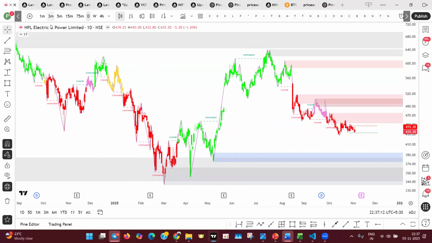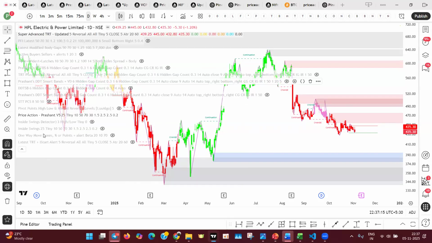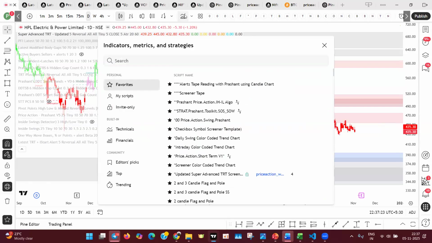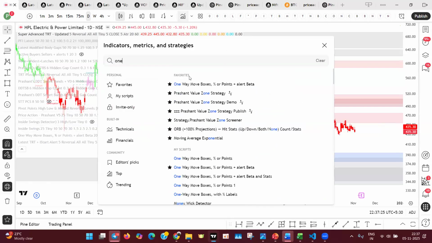Suppose I want to add the screener of one-way move. Okay, this is the one-way move box. First of all, I have to add that indicator to my favorites. So there is a star. If you notice here, there is a star. Click on that star.